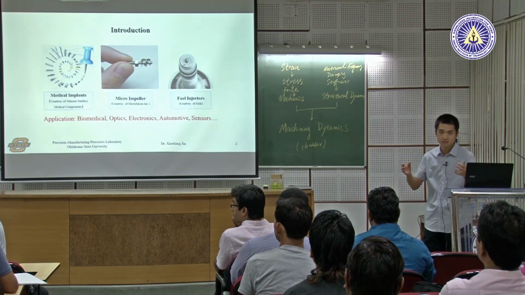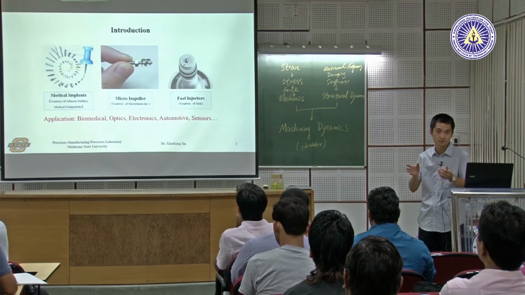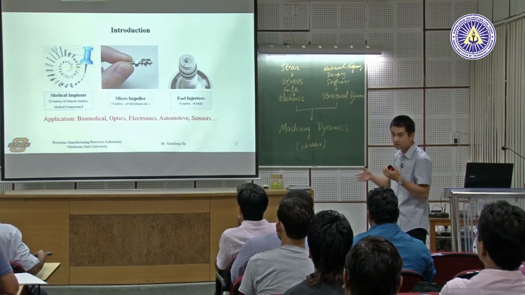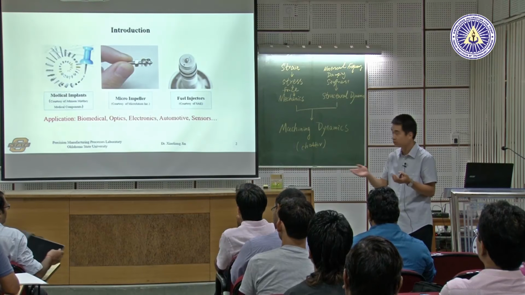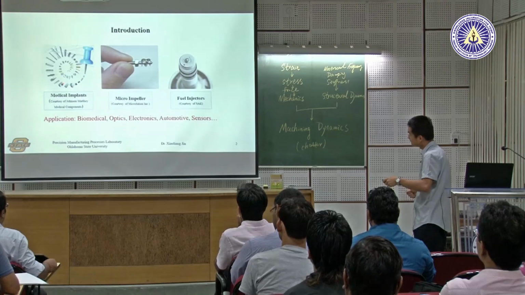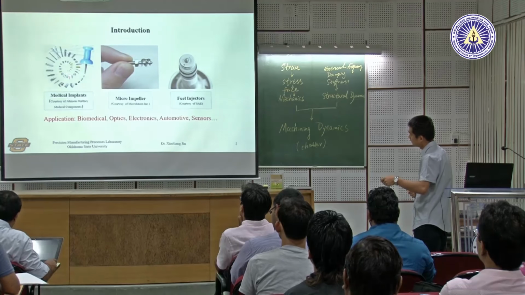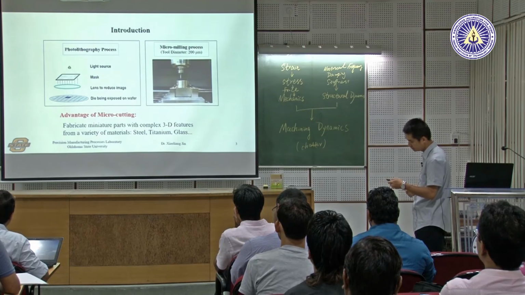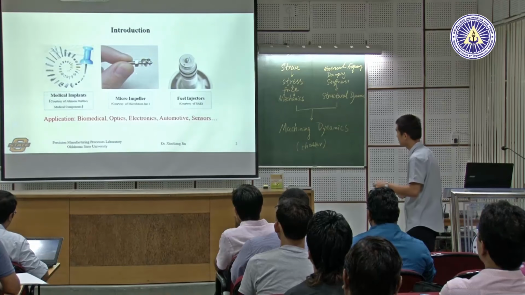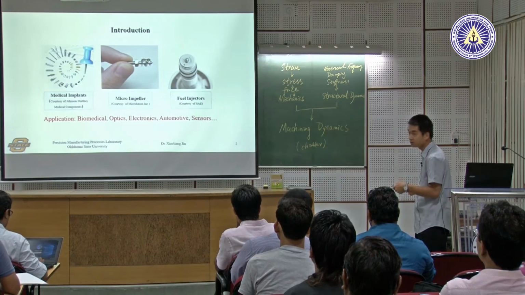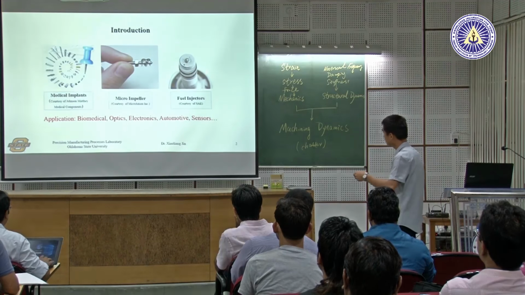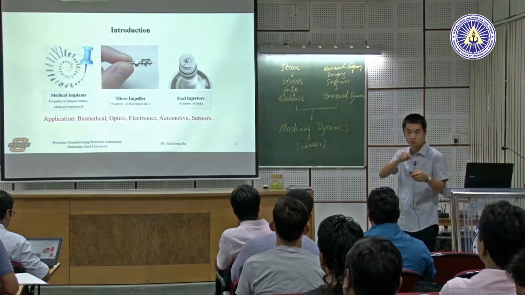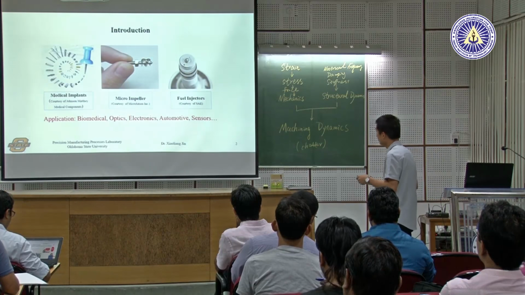Sometimes we want the system to be as small as possible because then it requires less power and is easier to operate. Those are some typical parts, such as the micro impeller, mainly used, for example, in fluid applications, or fuel injectors. Those require drilling of deep micro holes on the parts.